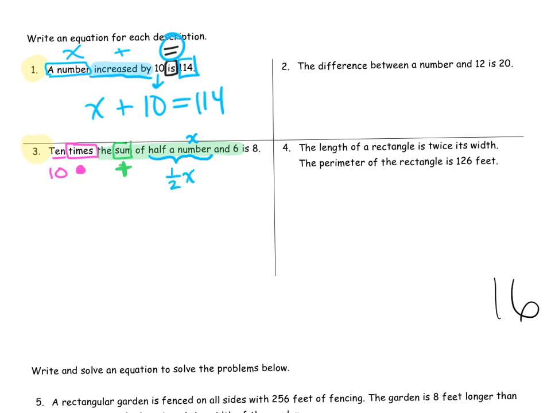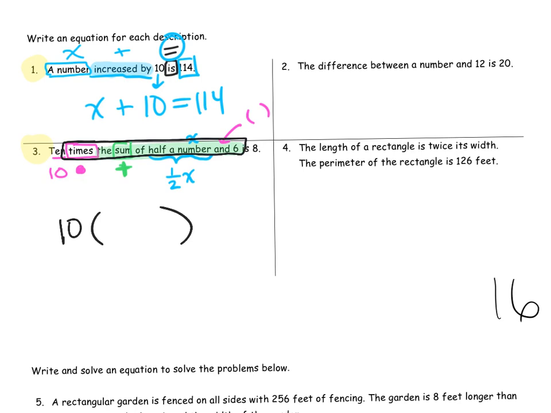And remember, that tells us that we should be using parentheses somewhere. So let's read it back one more time. 10 times the sum of half a number and 6. So I have parentheses.